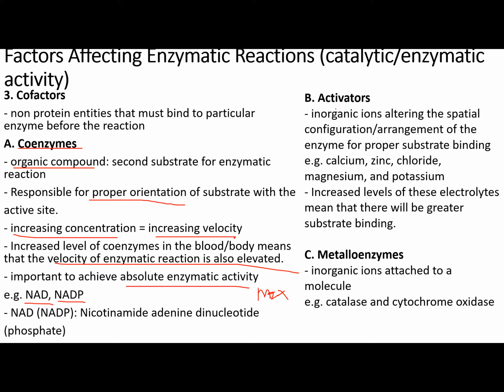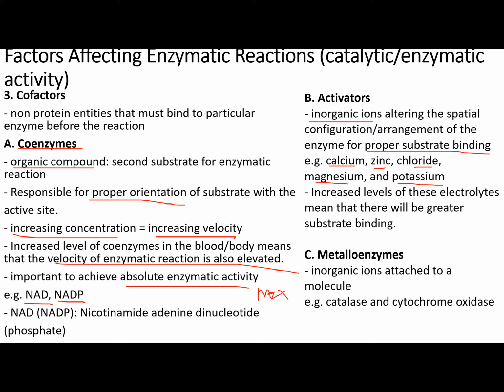Then we have your activators. Now, activators class are inorganic ions. So they are the ones altering the spatial configuration arrangement of the enzyme for proper substrate binding. So activators class, they're the ones arranging the appearance of the enzyme. Examples of activators are calcium, zinc, chloride, magnesium, and potassium.